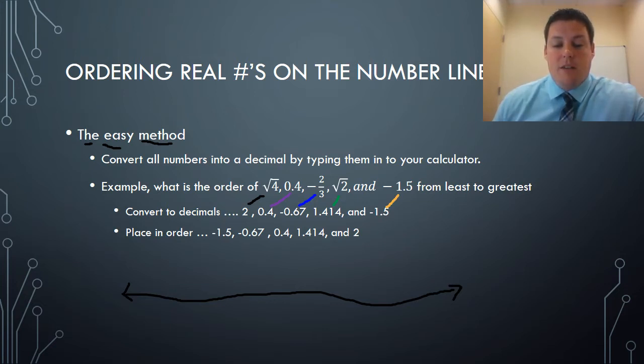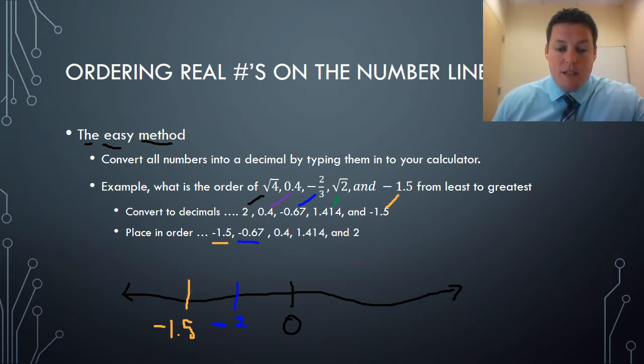Now that we have everything in a decimal, we're just going to put it in order. Negative 1.5 is the furthest away from 0. So if I have my number line down here, this is 0. Negative 1.5 is going to be the furthest away from 0, somewhere down here. The second in order is going to be negative 0.67. And remember, I want to write on my answer the original.